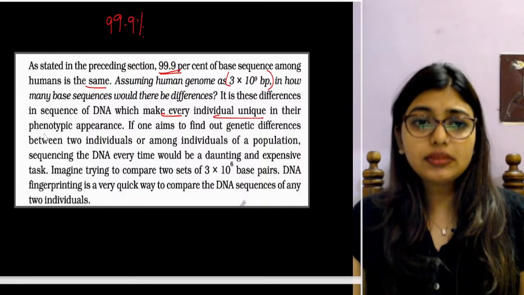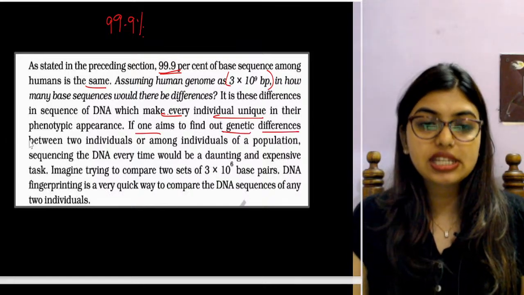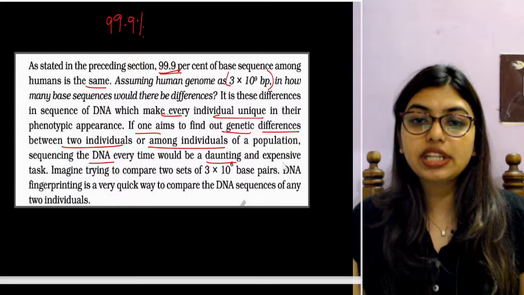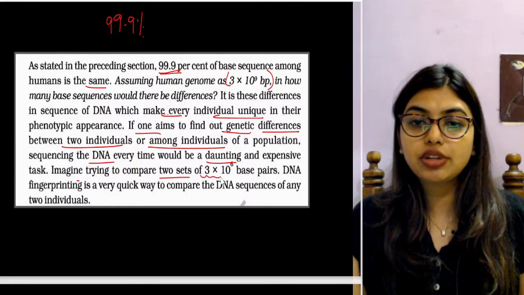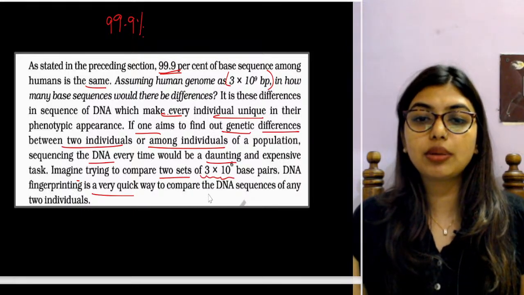Okay. If one aims to find out genetic differences between two individuals or among individuals of a population, sequencing the DNA every time would be a daunting and expensive task. Imagine trying to compare two sets of 3 into 10 to the power 9 base pairs. DNA fingerprinting is a very quick way to compare the DNA sequence.